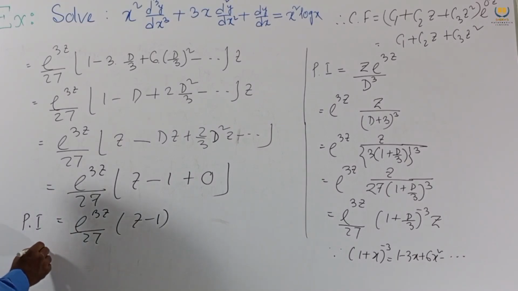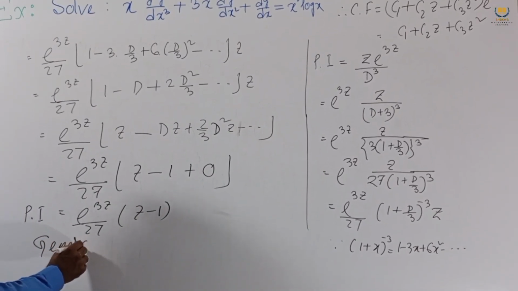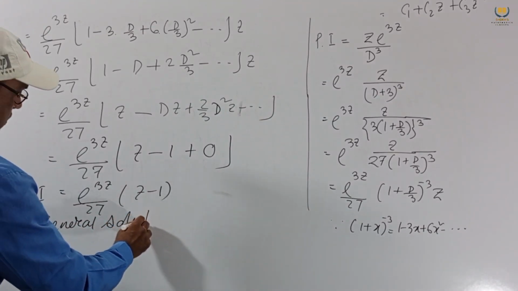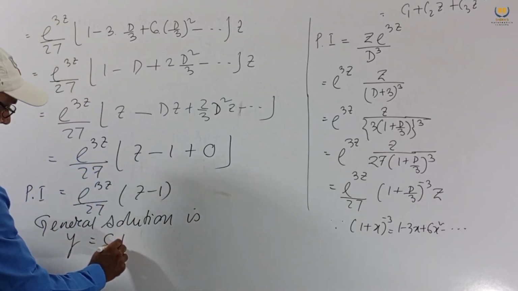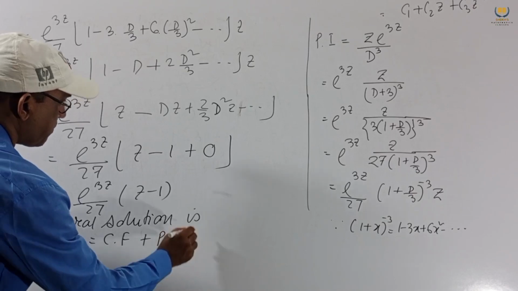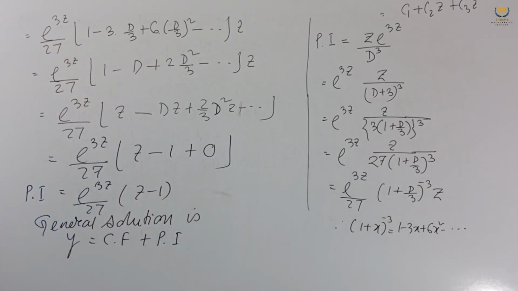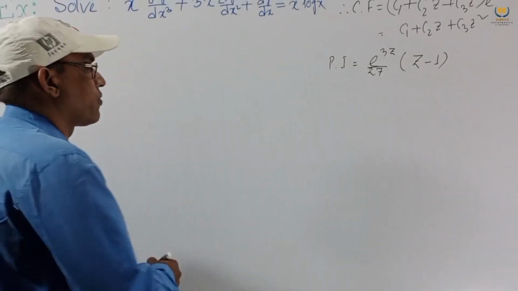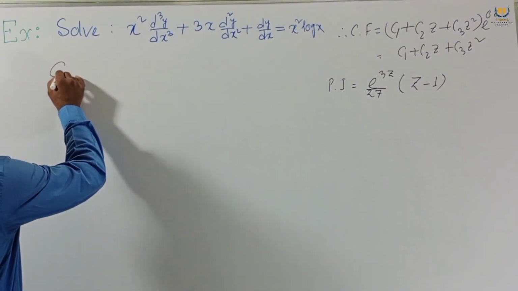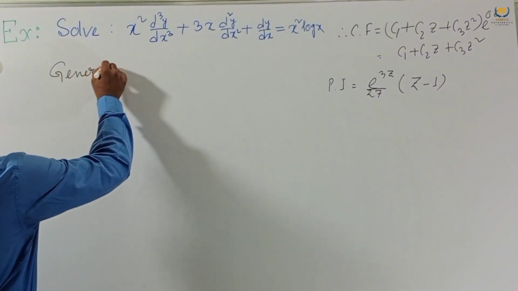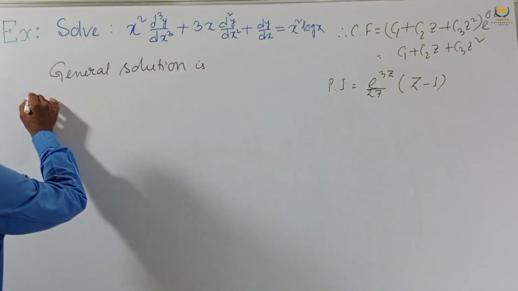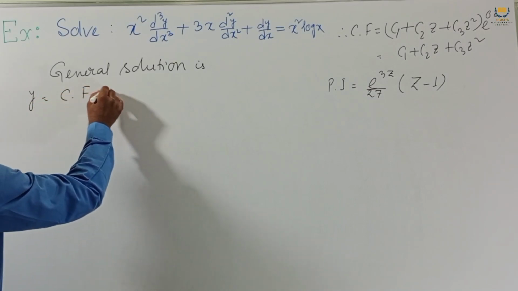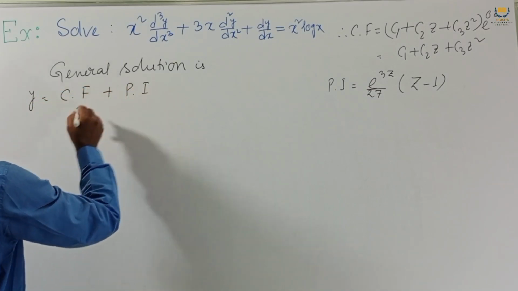Now general solution is y equal to CF plus PI. This one is the general solution. So y equal to CF plus PI.